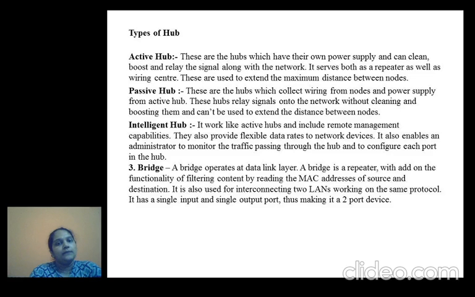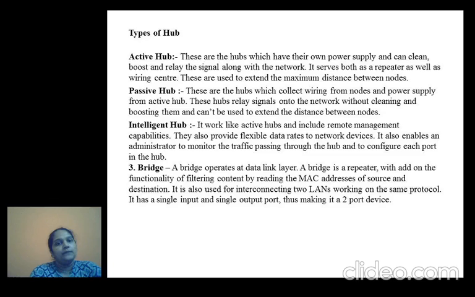Which feature is added in the bridge? Filtering the content by reading the MAC address of the sender and receiver. So the bridge can understand the MAC address of the sender and receiver.